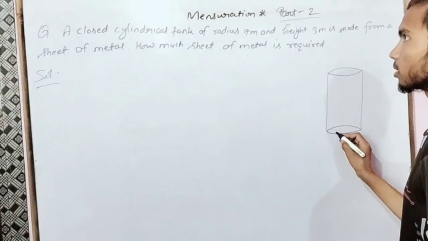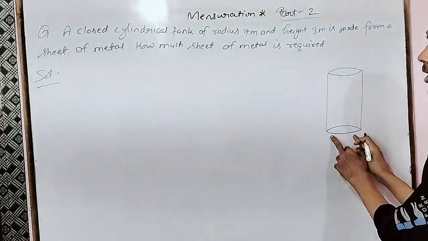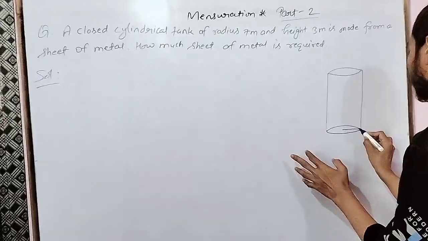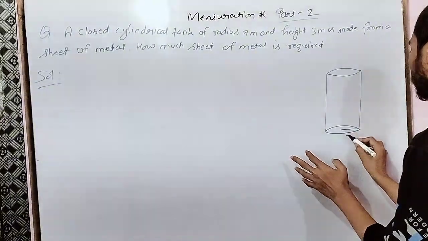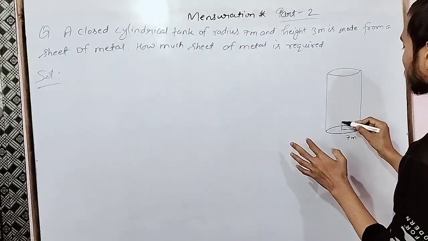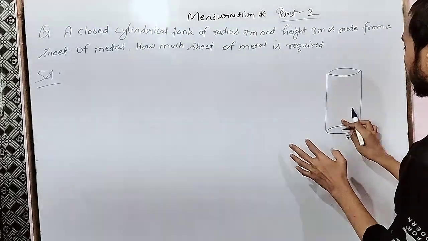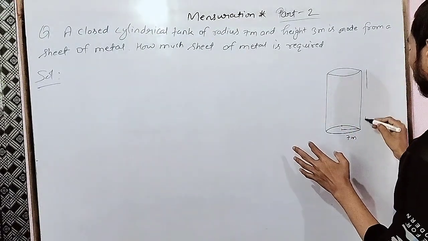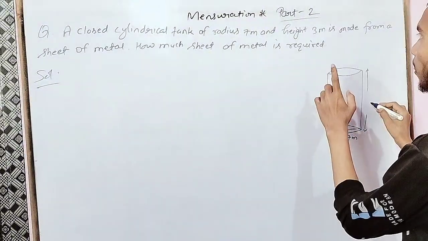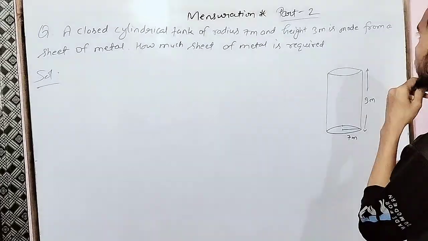So the radius is 7 meter. And the height, from here to here, is 3 meter.